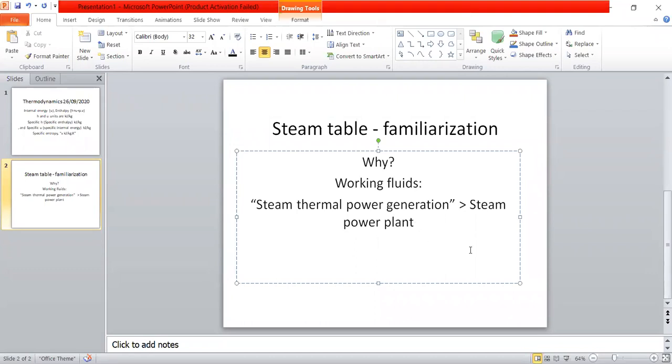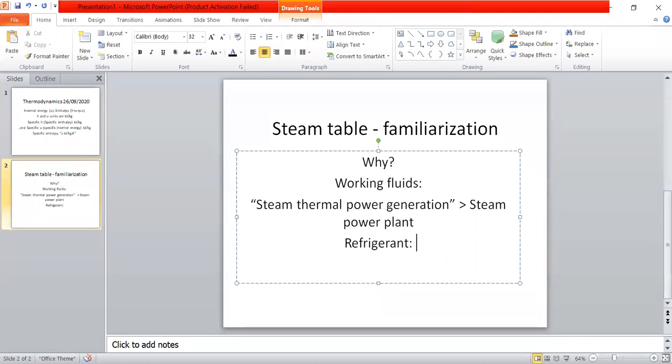And there are other working fluids as well. Refrigerants. Again, they work in refrigeration cycles, either to remove heat, which we call refrigeration, or to make things cool, or they can even be used to pump heat.